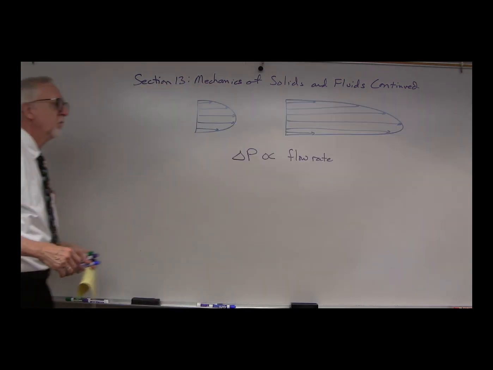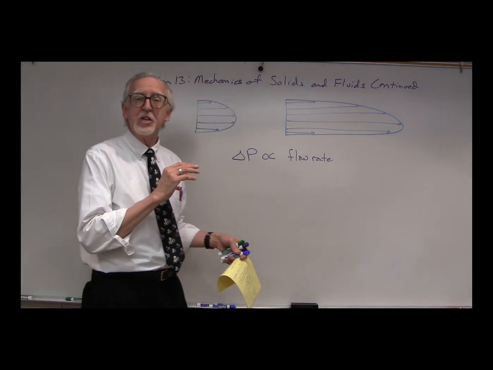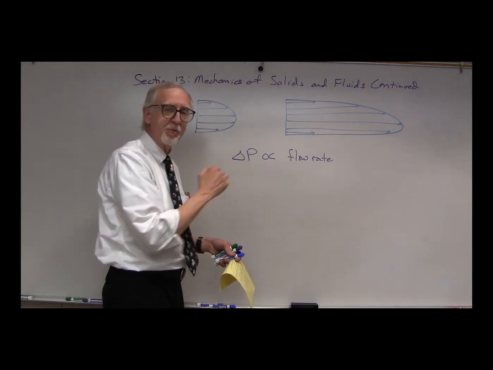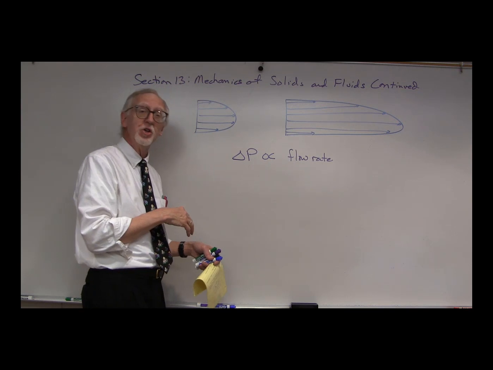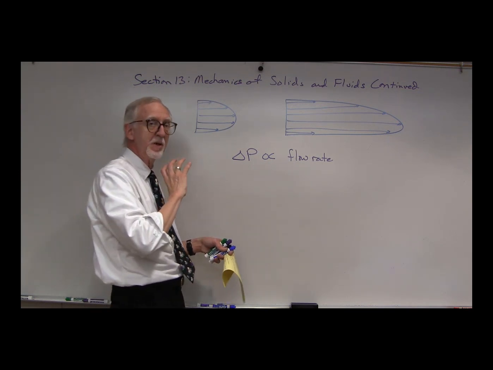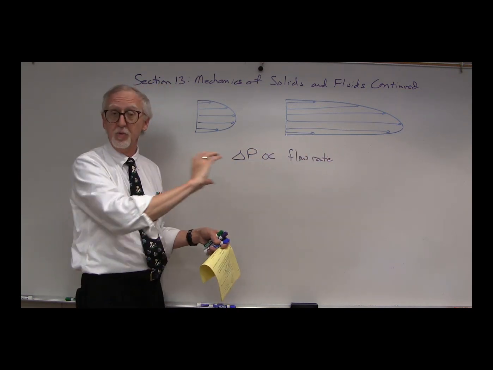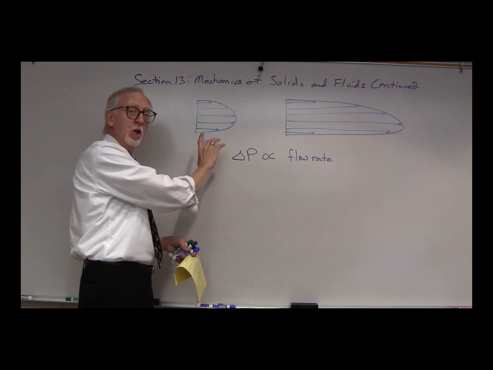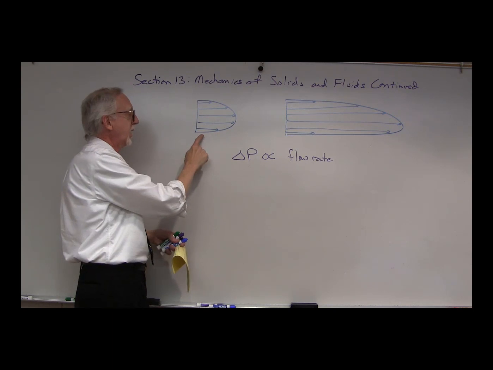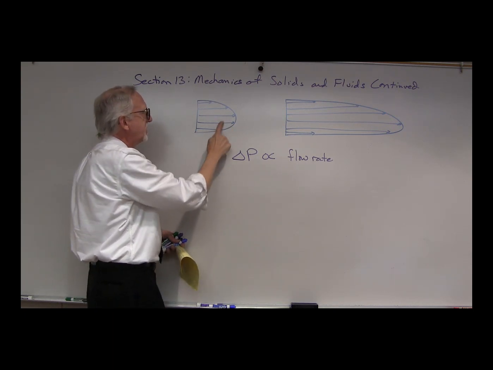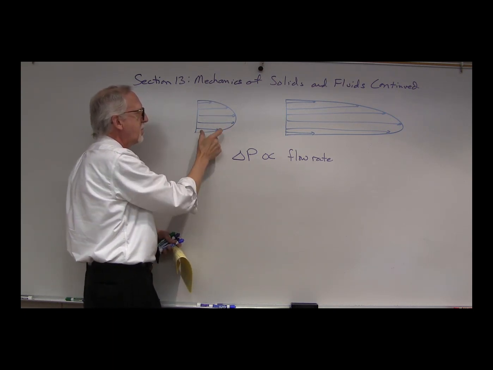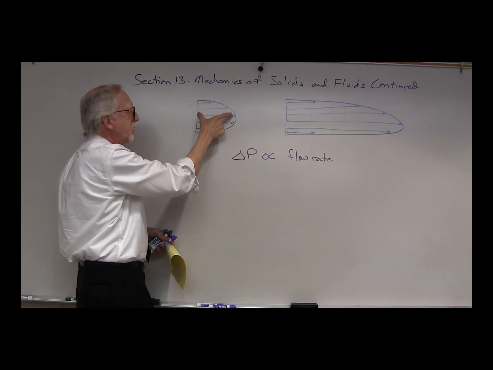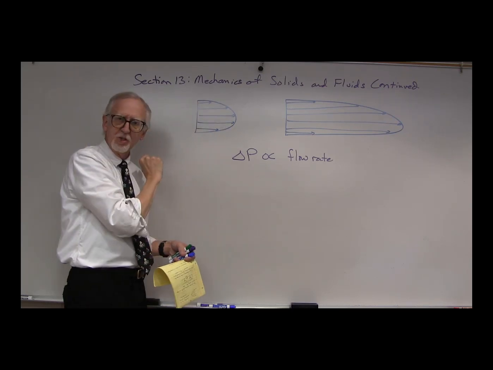Okay. What we find is that the drop in the pressure is typically proportional to the flow rate, how much fluid is actually flowing through the tube. Just imagine, if we have a very slow or small flow rate, then the change in the velocity across here is not that much, because we're not going from very large velocities to much smaller velocities.